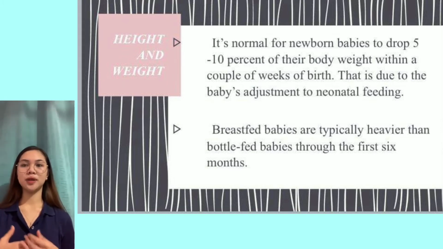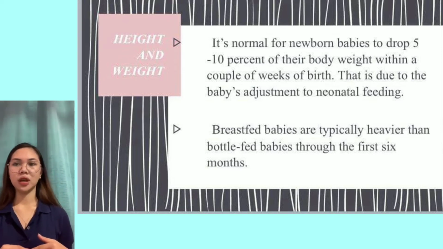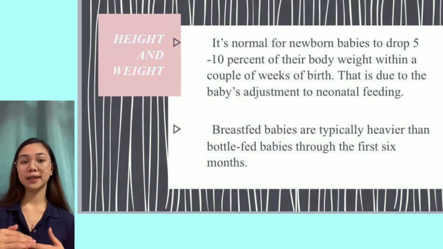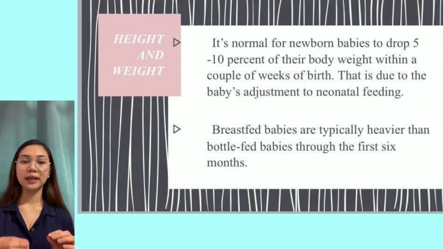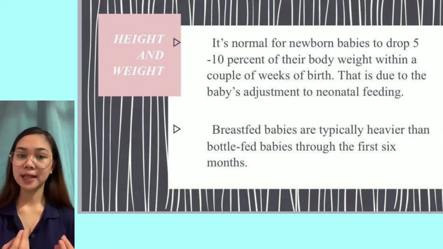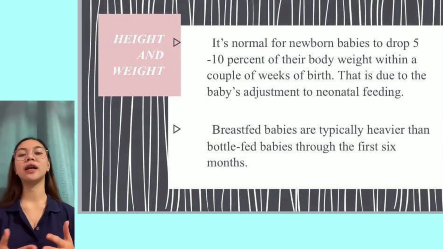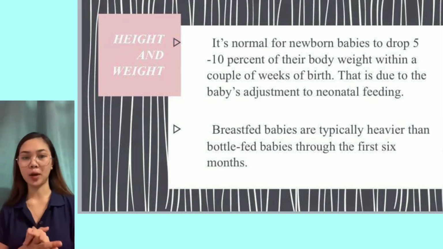This is due to the baby's adjustment to neonatal feeding. So it's okay, it's normal for the baby's weight to drop 5 to 10% because they are still adjusting to the neonatal feeding.